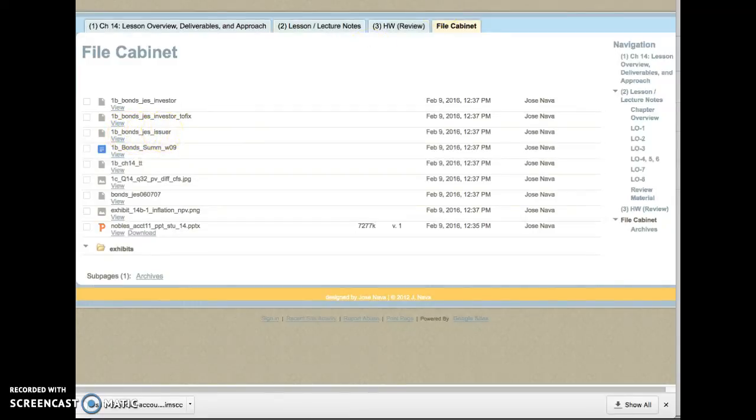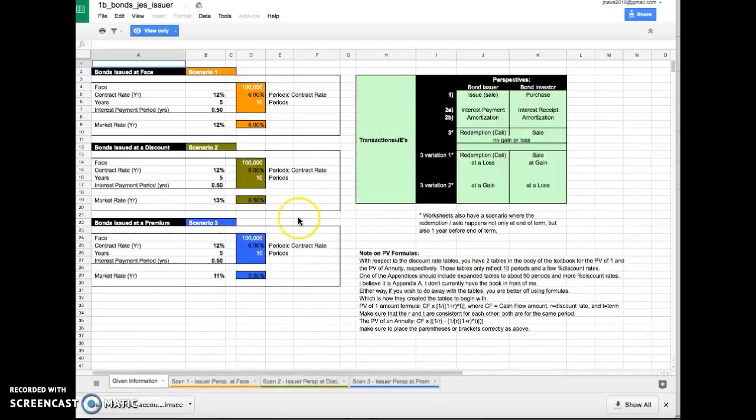That's one that will give you a nice overview of how to account for bonds from the three perspectives, from issuing at face, at a discount, or at a premium, given the very same contract rate, same term, and then the same and differing market rates, because that's what really distinguishes between issuing at face, discount, or premium. You find that out as you read the textbook.